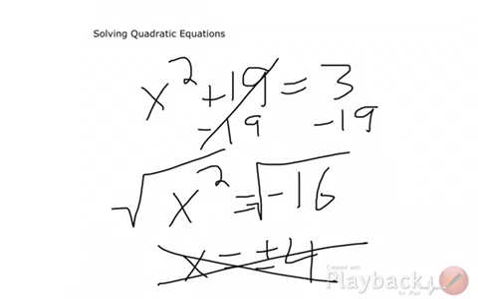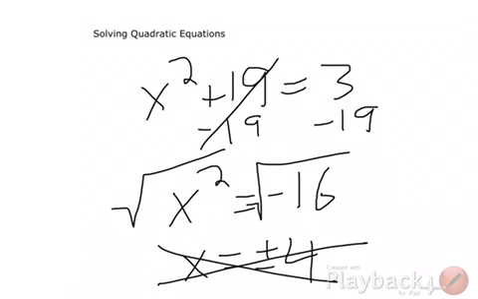If you think about it, when you take the square root of negative 16, you're asking what times itself gives you negative 16. So 4 times 4 is not negative 16. And negative 4 times negative 4, that's not negative 16. There is no possible way that you can multiply the same number by itself to get a negative number.